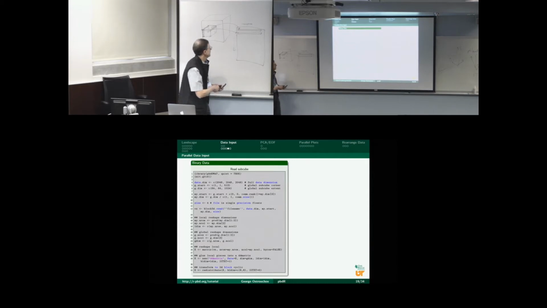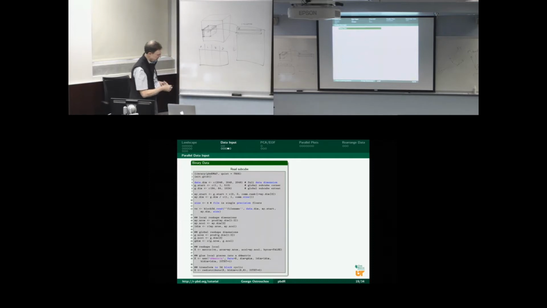And so now I have the transpose of this matrix, and what do I have? I have it actually chopped up like this between processors. If I had 4 processors, this would be 0, 1, 2, 3, and the matrix would be in pieces like this across the processors.